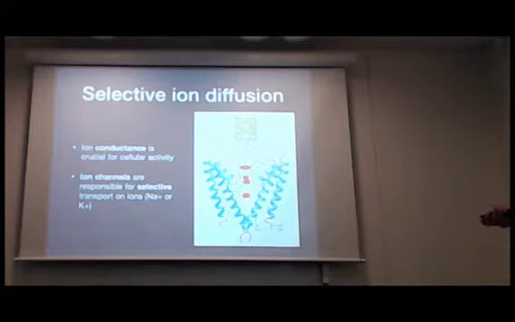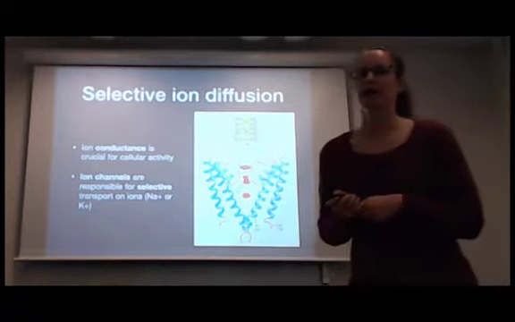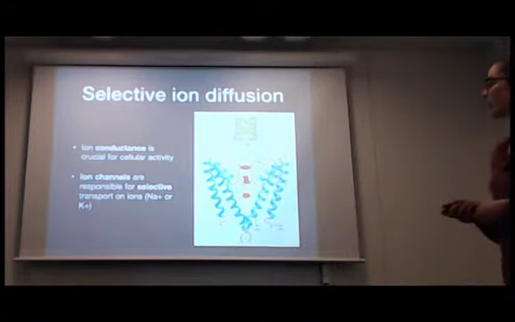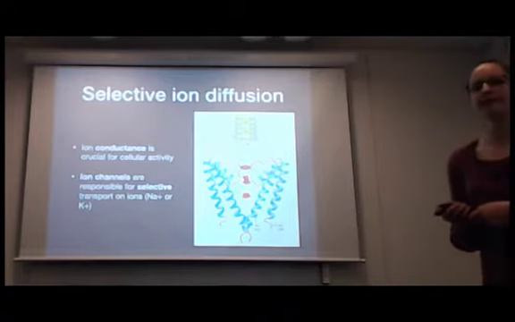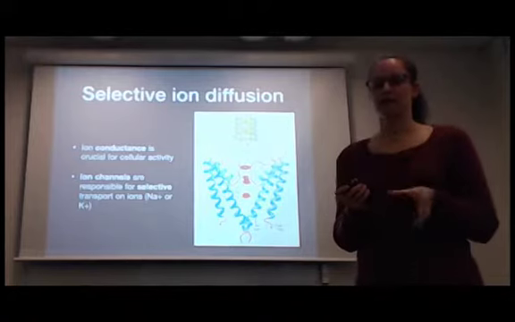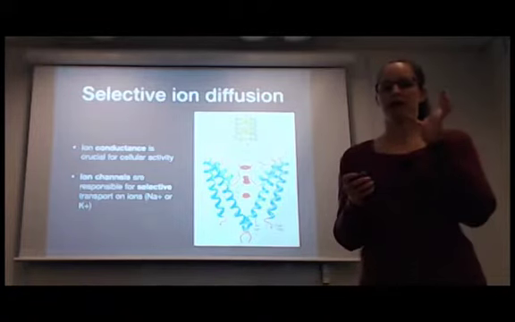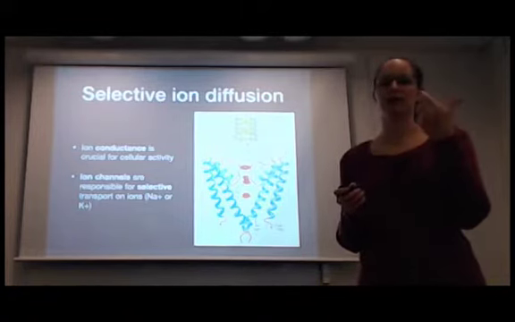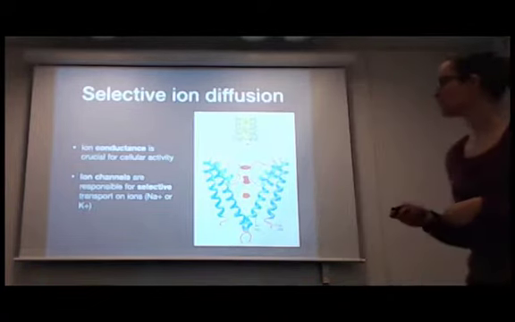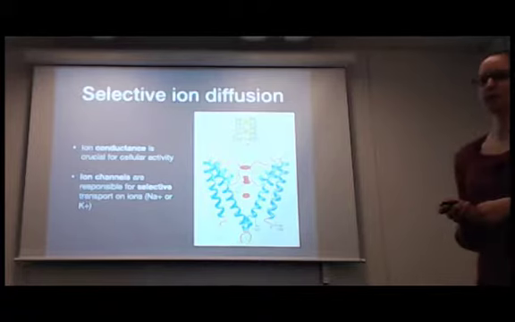And basically at this point I'm going to explain what the structure of this channel is like and how it supports its function, which is to conduct ions and only ions and even only one type of ion. So like I said, this channel is called KcsA, and it's called KcsA because K stands for potassium selectivity. So this channel will transport only potassium ions.